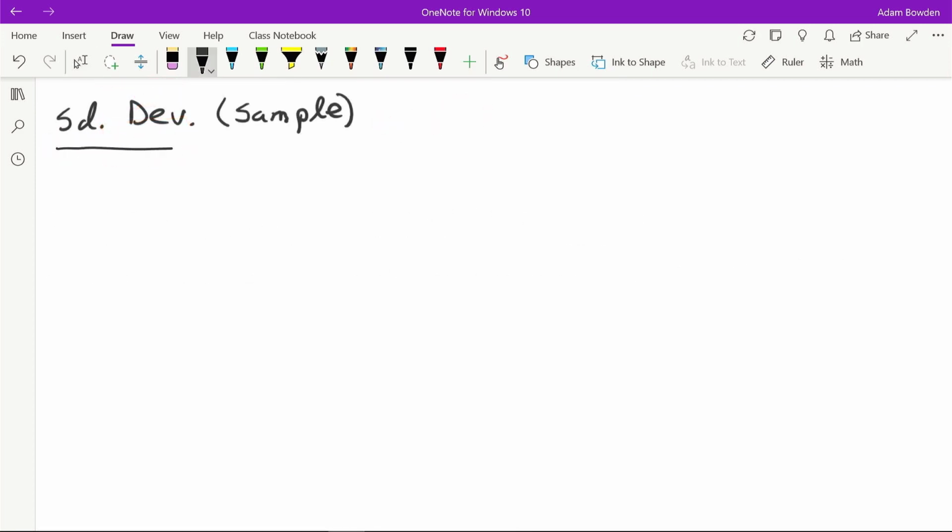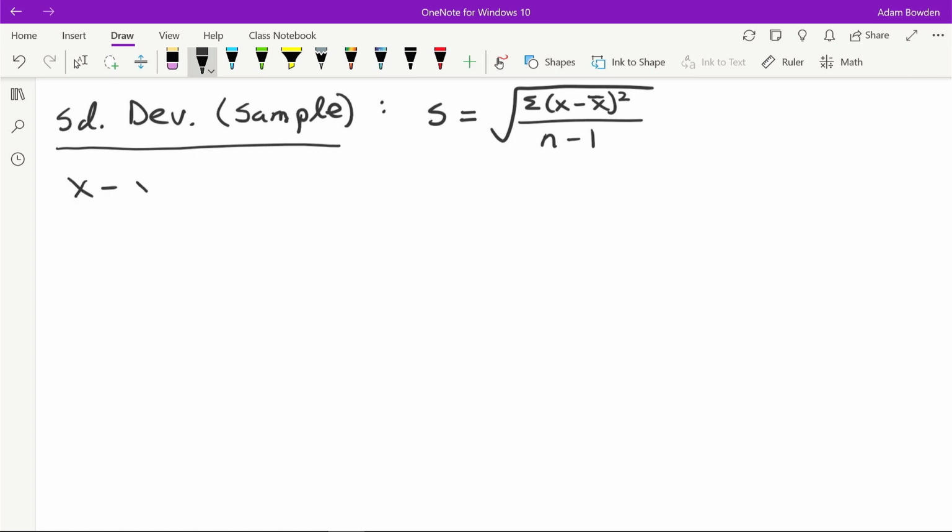Next thing let's do is the standard deviation, the sample standard deviation. Recall the formula goes S is equal to the square root of sigma x minus x bar all squared divided by n minus 1. So as we go through here, we have to do this in steps. First step is to take each value x minus the mean x bar.